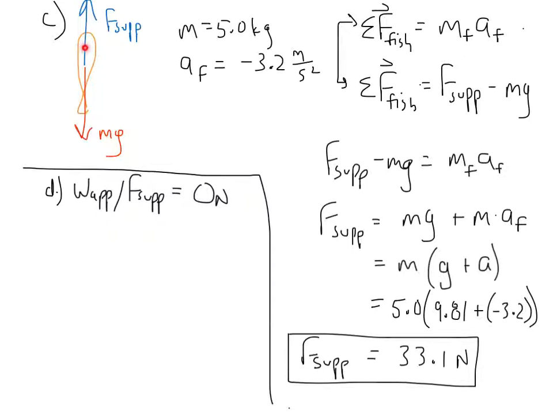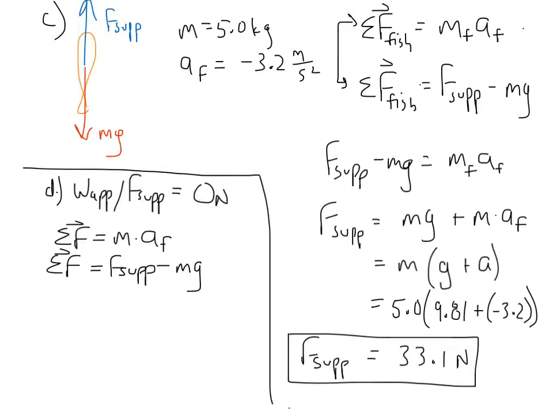Once again, we're going to write a statement about the net force on the fish. Net force is going to be the mass times the acceleration of the fish. This is what we're solving for right here. What must the acceleration be in order for the supporting force to be 0? It's also true that the net force is the supporting force minus mg, because they're acting in opposite directions.